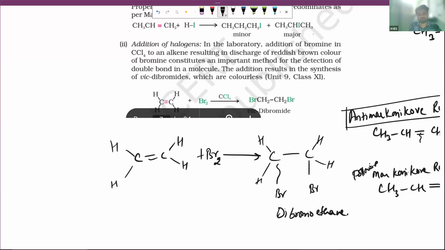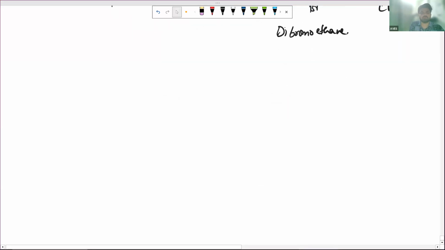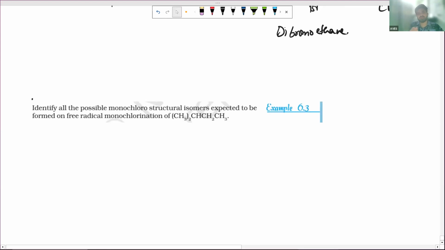Here is the question. Identify the possible monochloro structural isomer expected to be formed by the free radical mechanism.